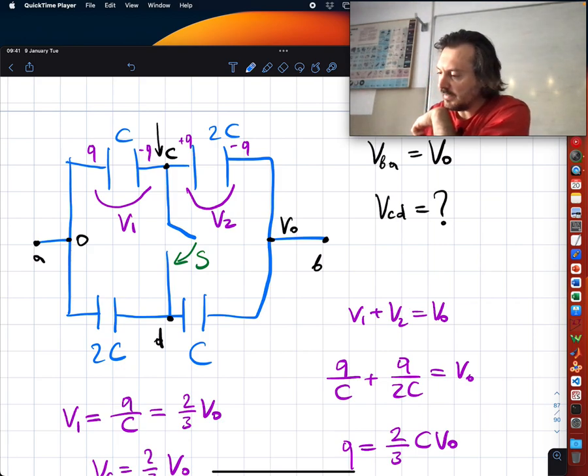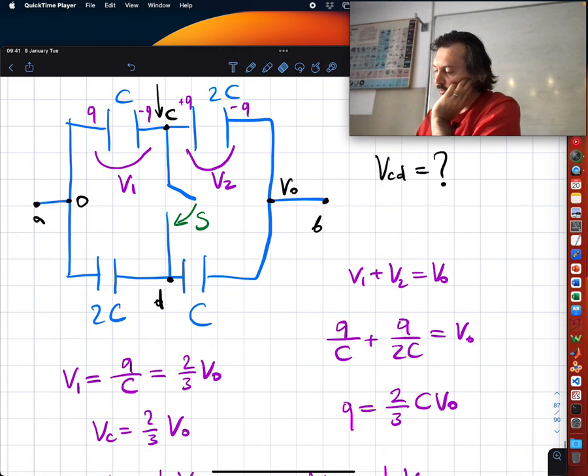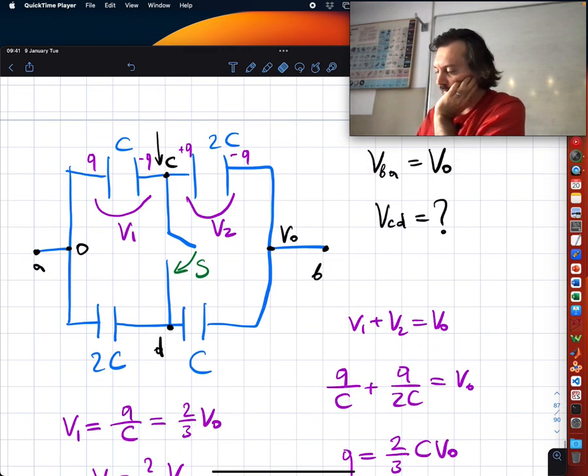Like I said, this is Q, but is this also Q? No, because they are parallel. Before the switch, what is Q here? So let me tell you. Q at the top is 2 over 3 C V0, right? How about at the bottom? It's the same, 2 over 3 C V0.